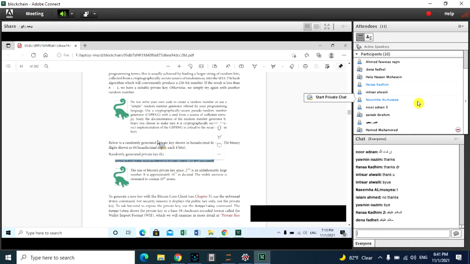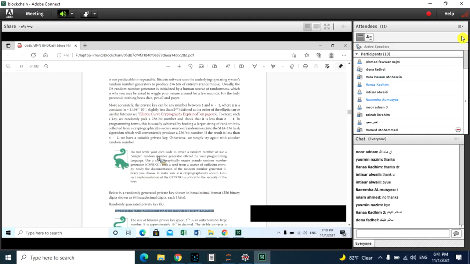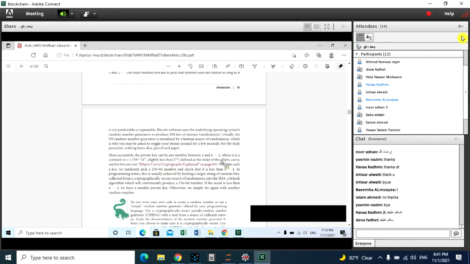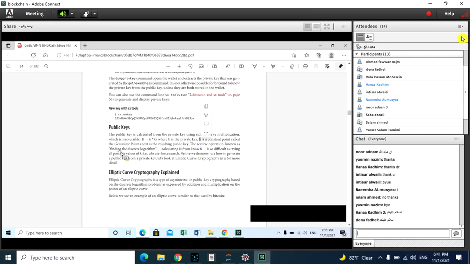G is the fixed point. G is a point for Bitcoin. G is a constant point on the curve. Which curve? The curve that has this equation.